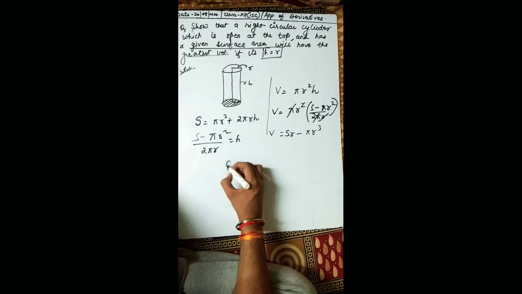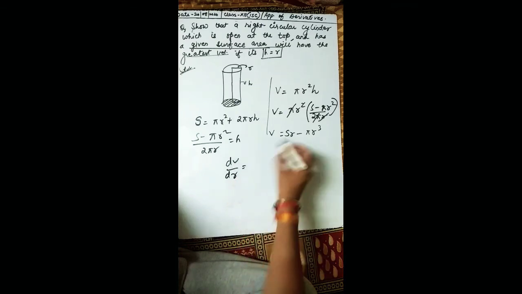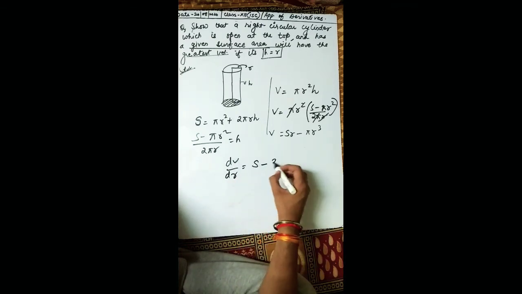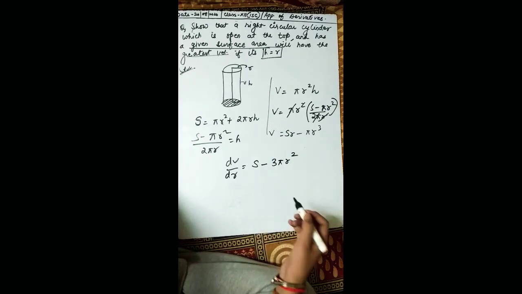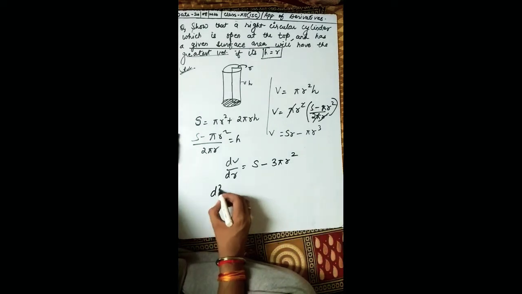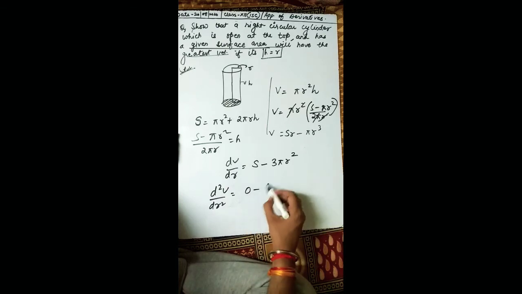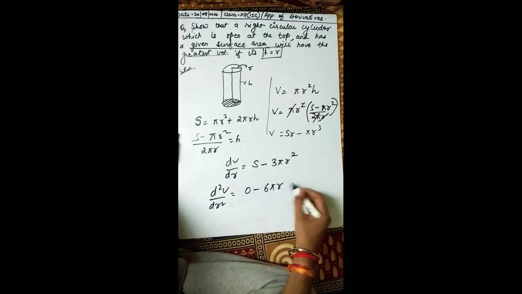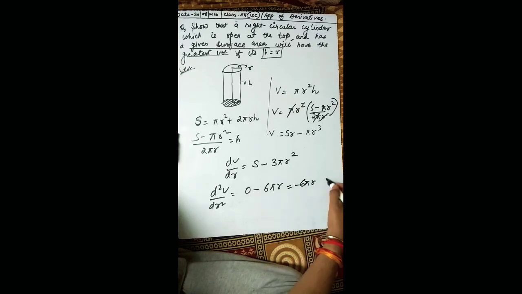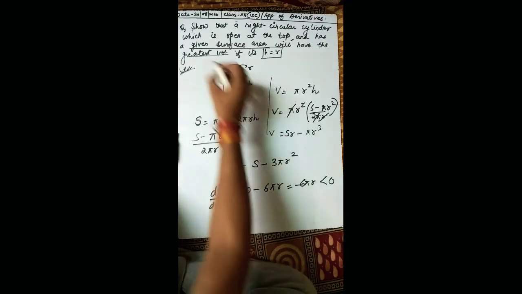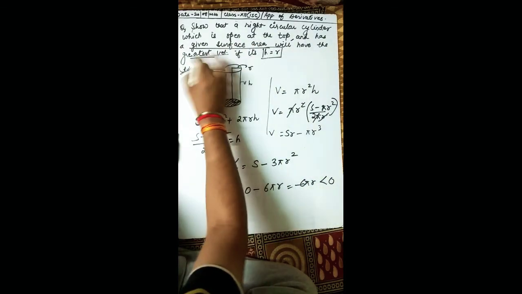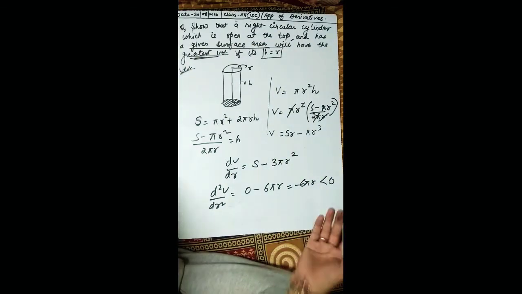Now differentiate with respect to what? R. So s minus 3 pi r square. Again double differentiate it. You will get 0 minus 6 pi r, that is minus of 6 pi r, which is less than 0. That means this is a maxima case, and we are going correct because greatest volume means the maximum volume.